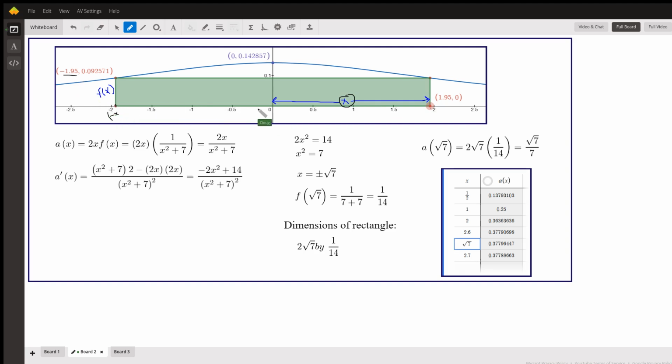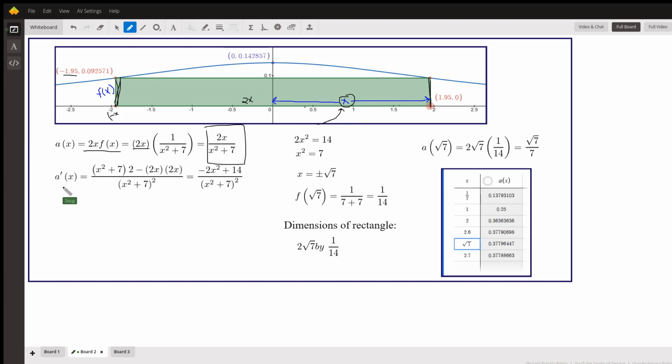So the length of this rectangle from here over to here is 2x, and the height is f of whatever x is on both sides, even function. So there's a formula for A of x: 2x times 1 over x squared plus 7. That's a formula for the area, depending on this value right here.